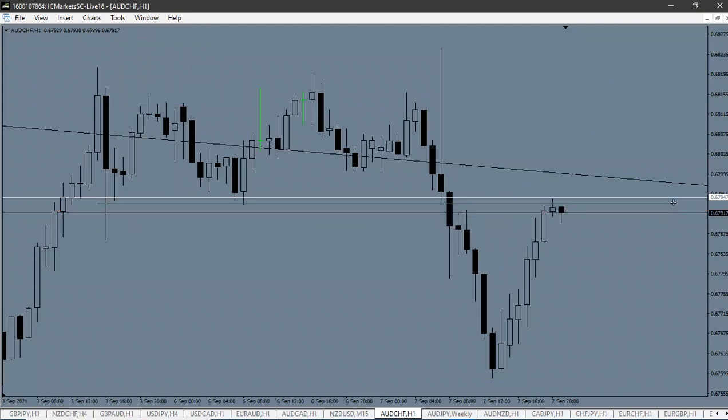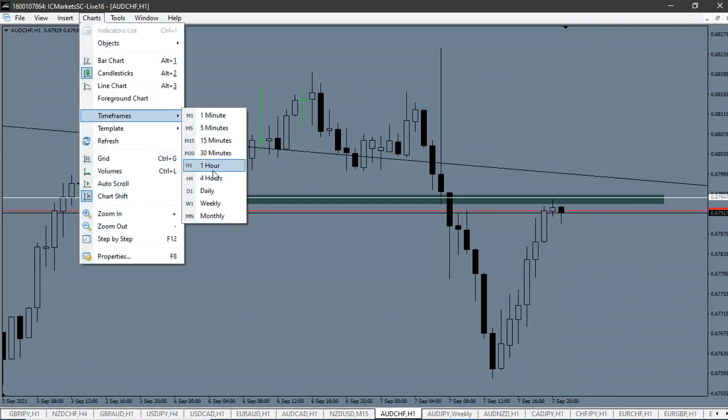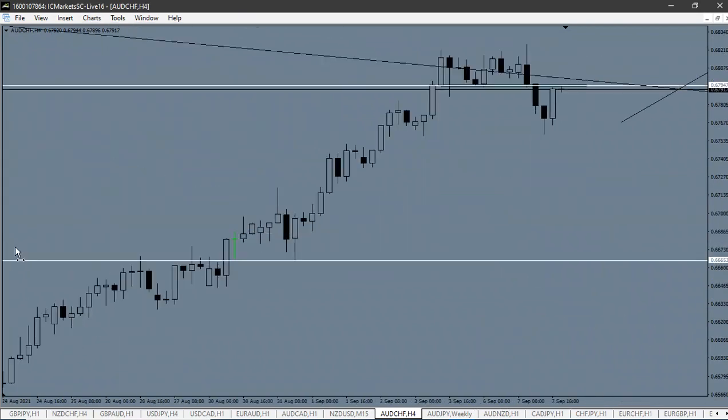This level right here is very strong. So if this zone is respected, that will mean price will go back down towards the next level right here.